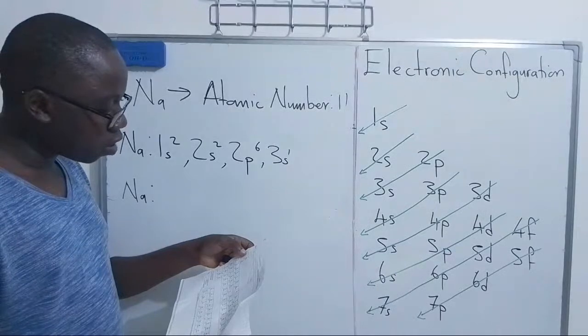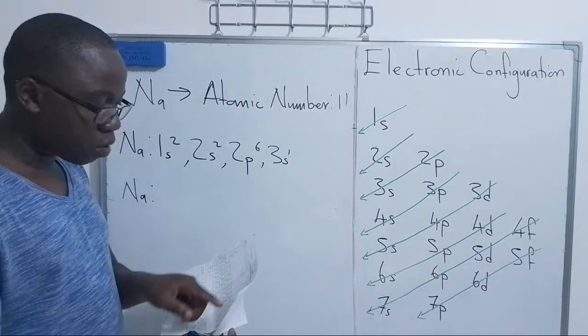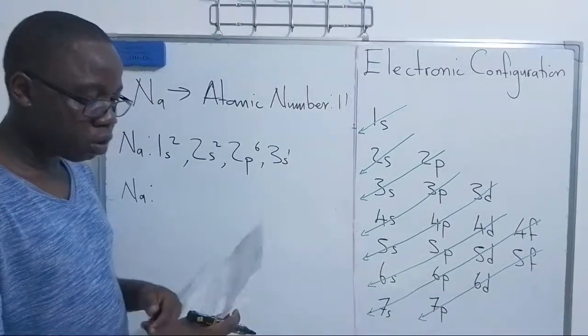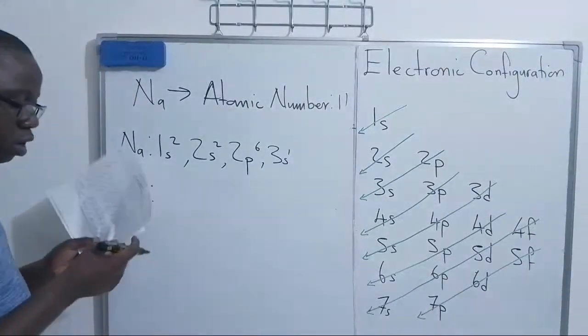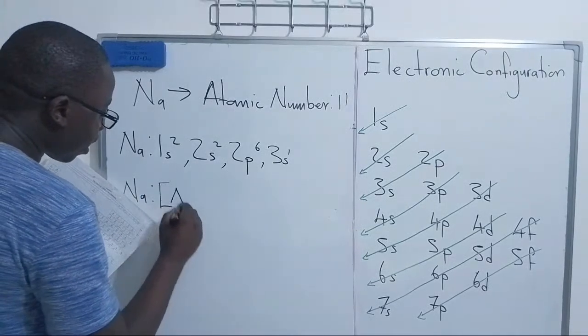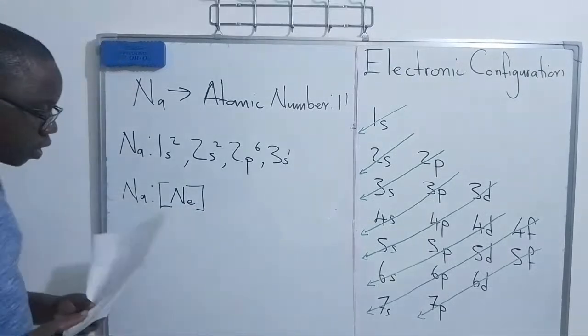Then sodium is in period 3. So if sodium is in period 3, what is the noble gas in period 2? The noble gas in period 2 is neon. So we will put neon there as we are writing the compressed electronic configuration.